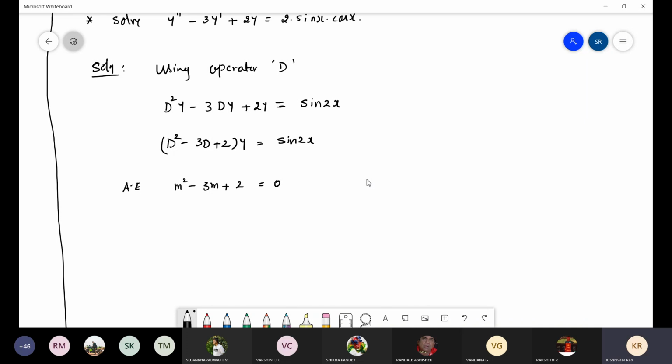I think it is simple. For 2 you will get the factors. First option is factorization, second is formula. So factors of 2 such that I need minus 3, therefore minus 1 and minus 2. This implies m equals plus 1, plus 2 are the roots.